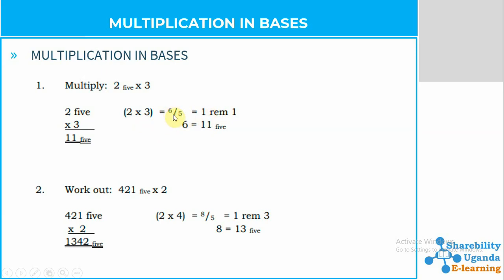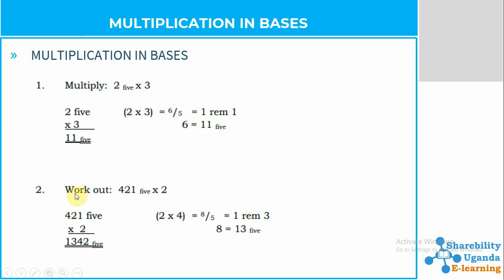So when we divide 6 by 5, we get 1 remainder 1. So this simply means that our answer here is going to be 1 base 5. This is how they came up with the answer.